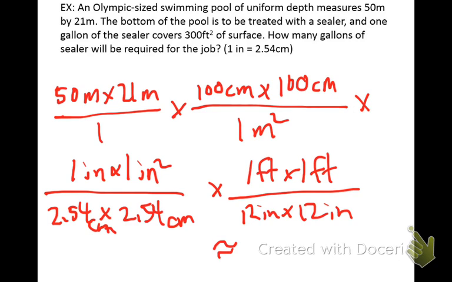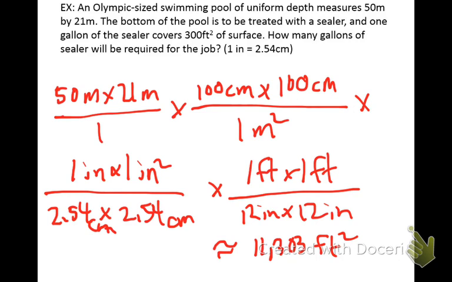Anybody have it? What'd you get, Jordan? 38 gallons of sealer. Oh, do you mean, okay, 11,303 feet. Yes, 11,303 feet squared. So if you have to do a problem like this, just multiply everything on the top.